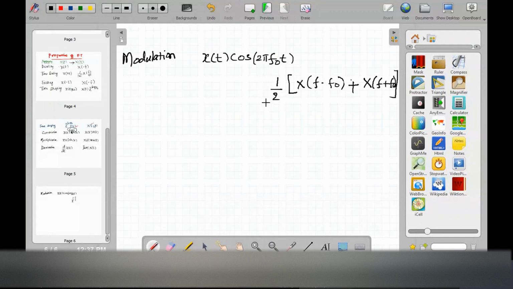Close the bracket. So this is what is called modulation.